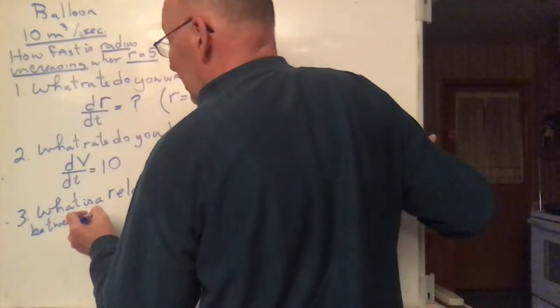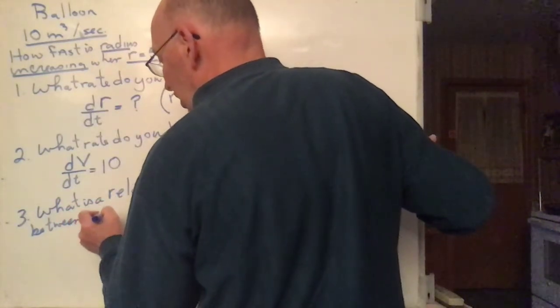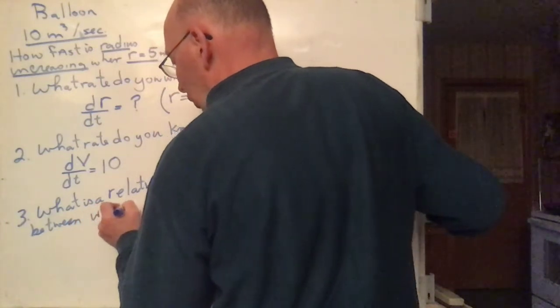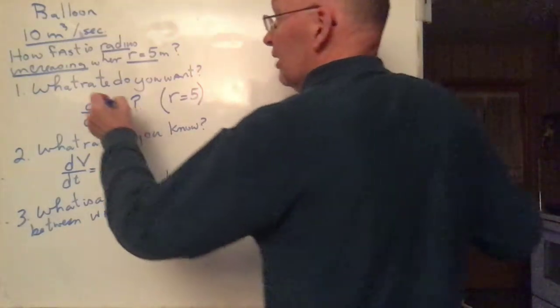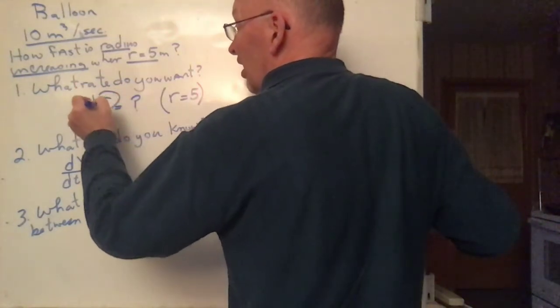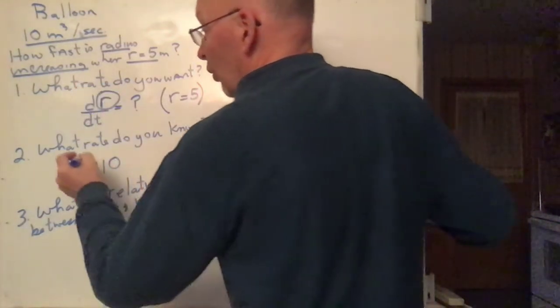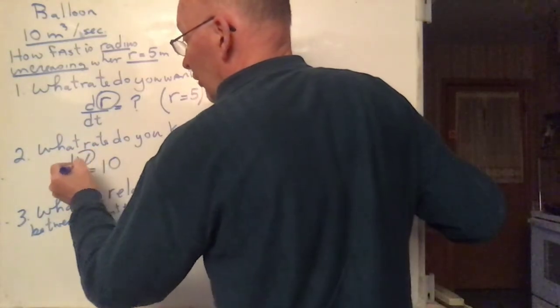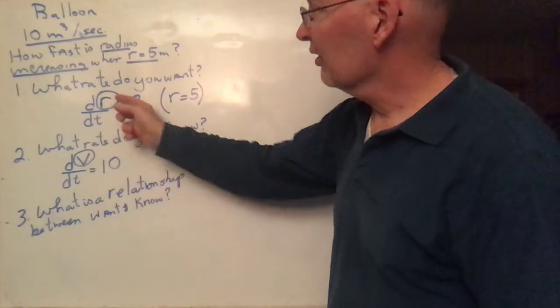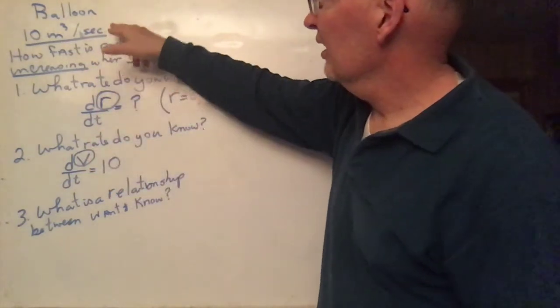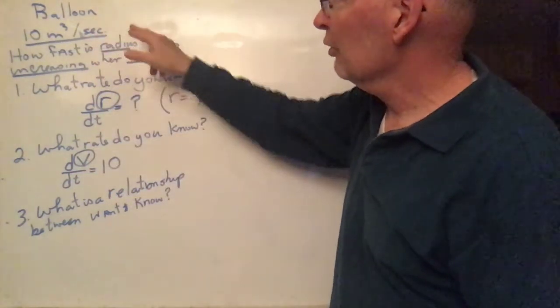I'll just say what you want and what you know, basically between 1 and 2. Okay, so here's what I mean. Here's what you're involving with what you want. Here's what you're involving with what you know. So you need a relationship between these two things. And I guess I didn't say it here, but this is a spherical balloon.